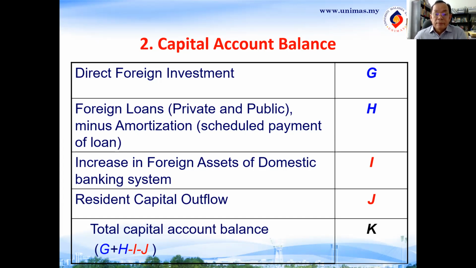So if we look at this here, to have a positive capital account balance, you need to have more foreign investment, direct investment, and also loans. I'll explain the impact of this later. The reason for direct foreign investment and foreign loans coming into a country, for developing countries, is because most poor or developing countries do not have enough saving of their own.